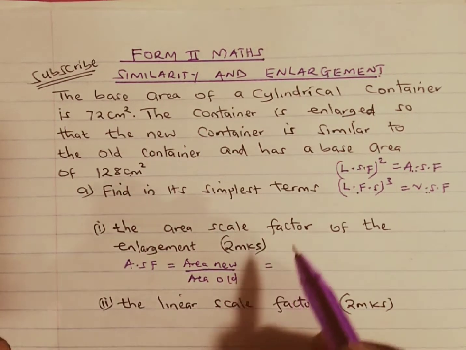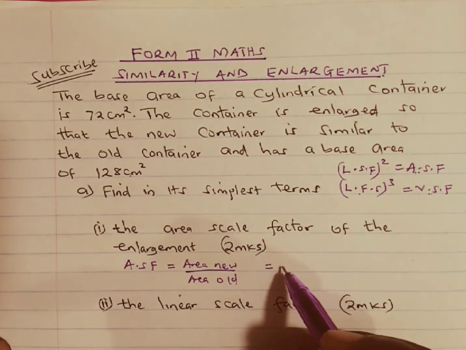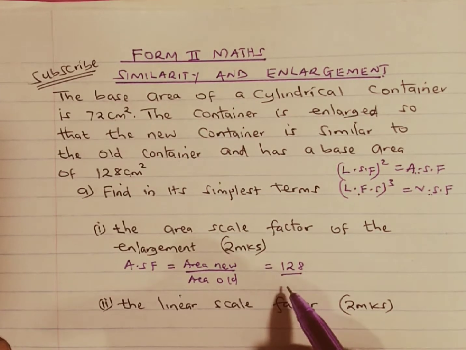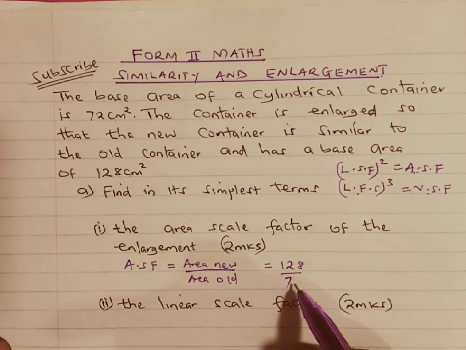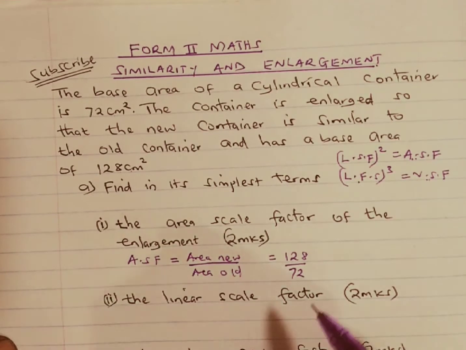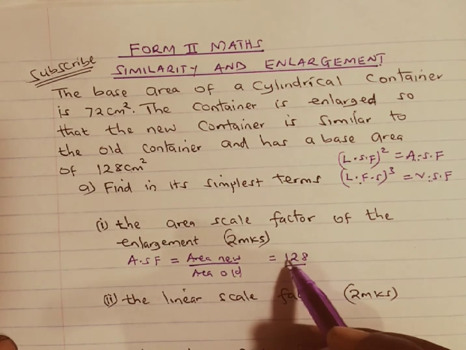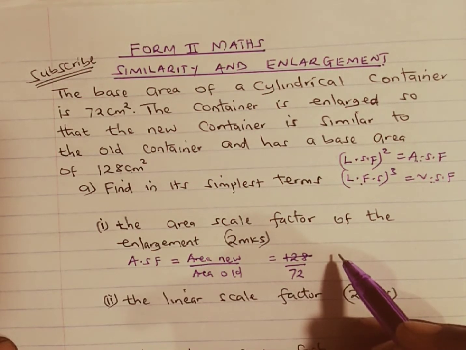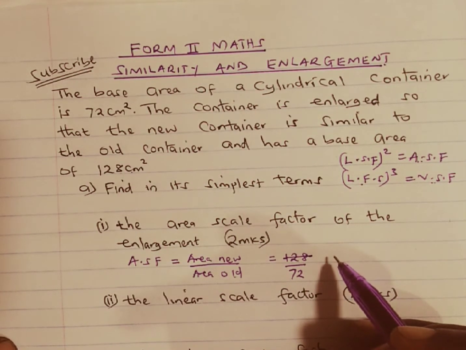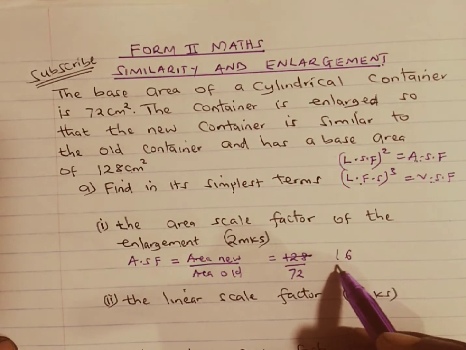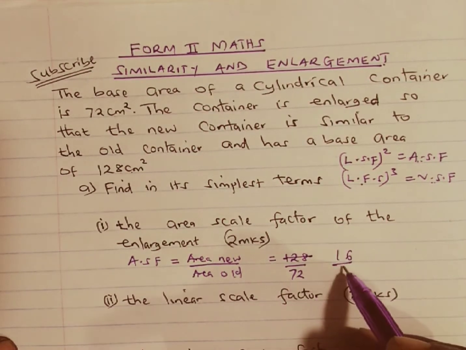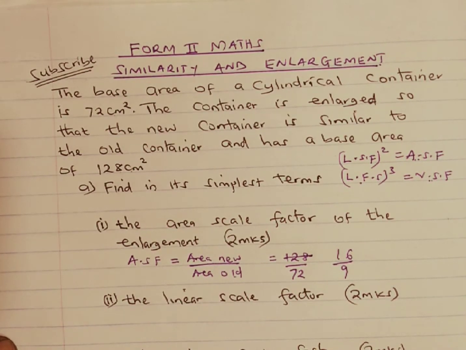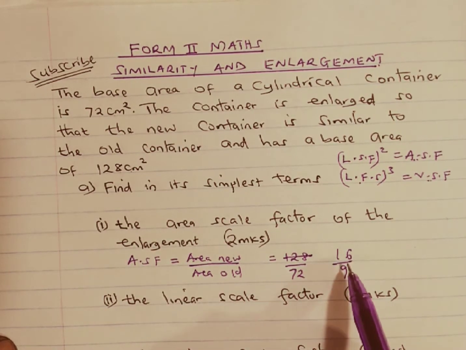In this case, we have the area of the new cylinder, which is 128 centimeters square. We divide by the area of the old, which is 72. And if you divide by the common factor, which is 8, 128 divided by 8, you get 16. And then 72 divided by 8, you get 9, and that becomes the area scale factor, since you cannot simplify that any further.